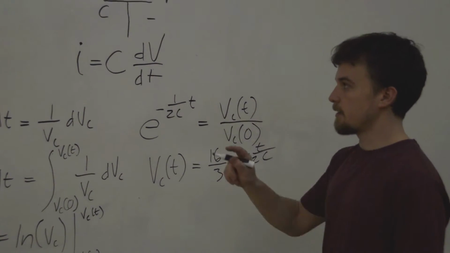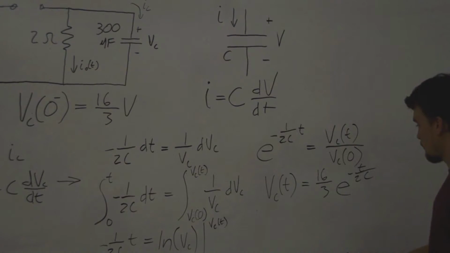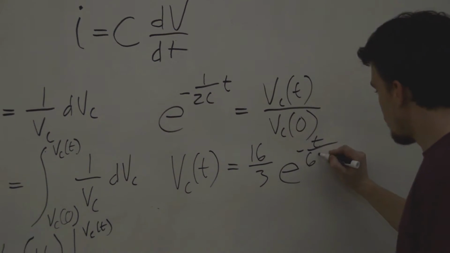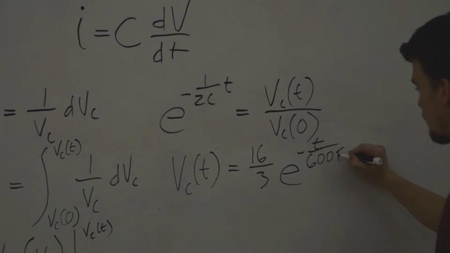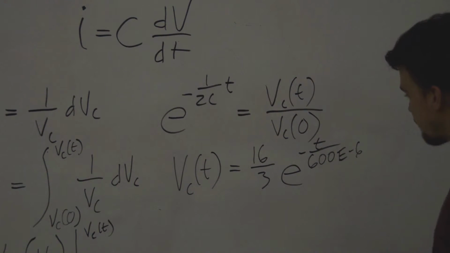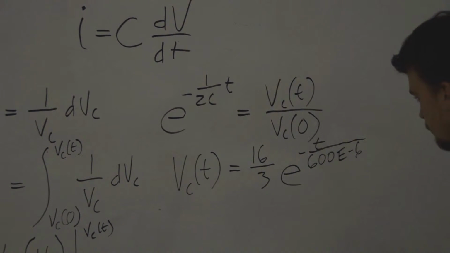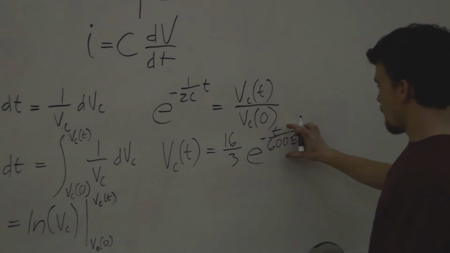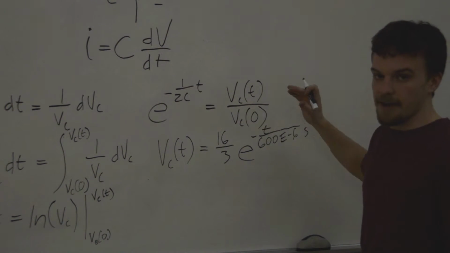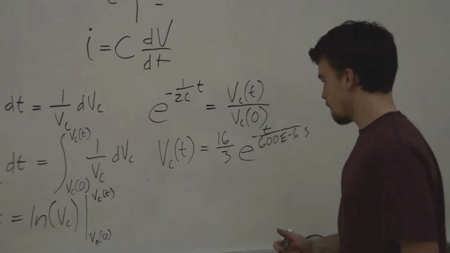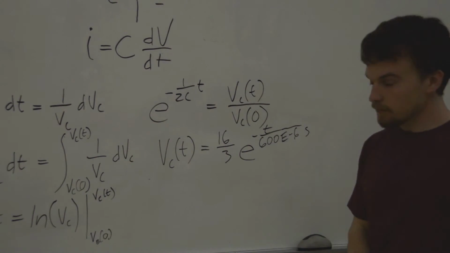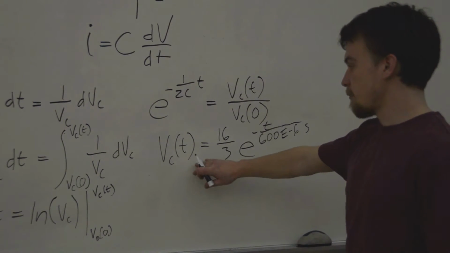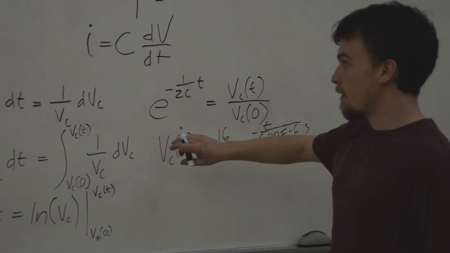And our capacitance is 300 microfarads, so this is going to be equal to 600 microfarads, which is 600 times 10 to the negative 6. That's going to be in seconds so that your time and divided by it cancels out to a non-unit number.